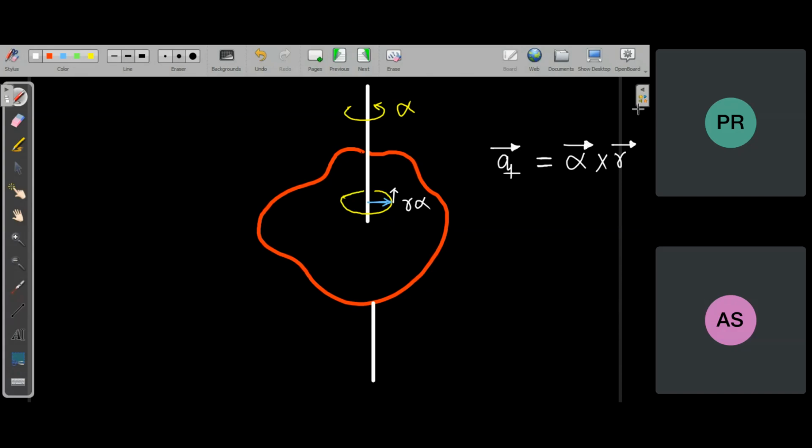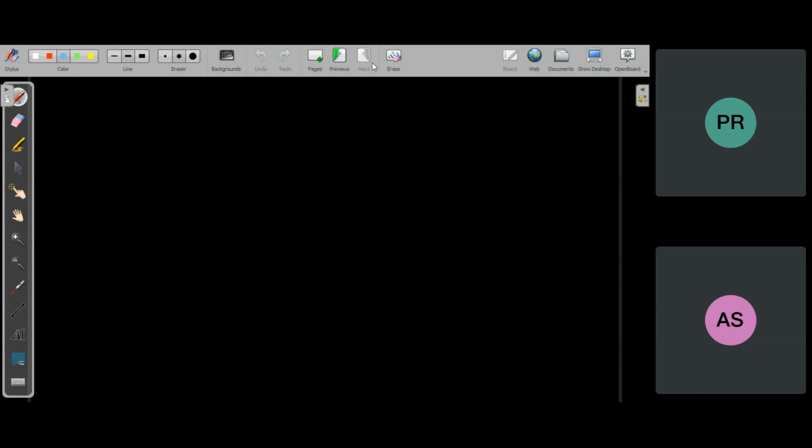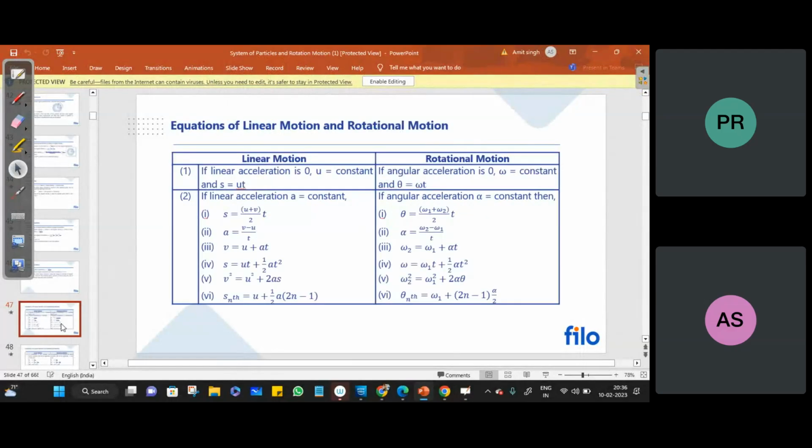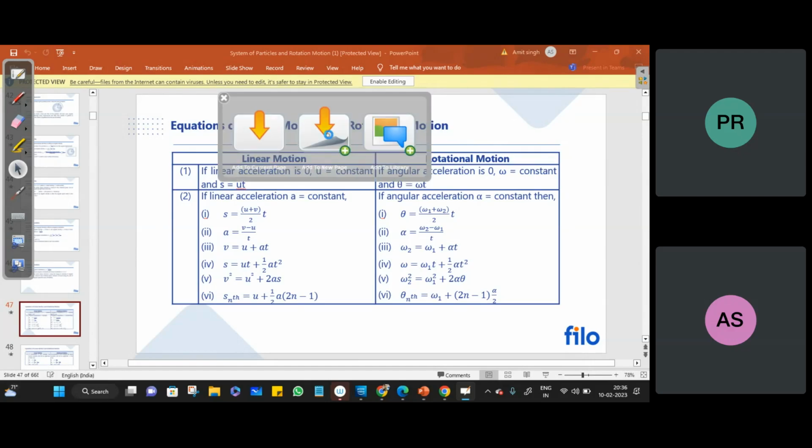The change in magnitude. And what other acceleration is there besides tangential? Centripetal, sir. And centripetal is due to the change in direction. You already know these things. So if you already know, then don't waste time.